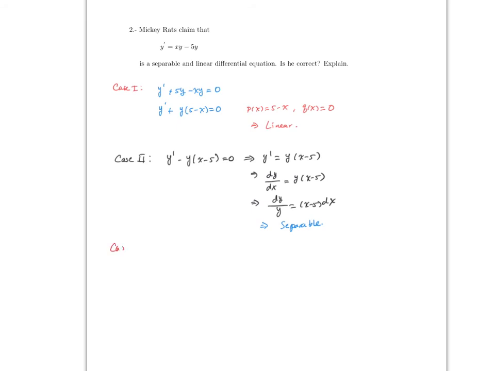So far, Mickey Ratz is correct. However, if you look at case 3 and you rewrite the equation like this, y prime minus 5y or plus 5y equals xy, or you write y prime minus xy equals minus 5y, then because of the y in here, this is not linear.